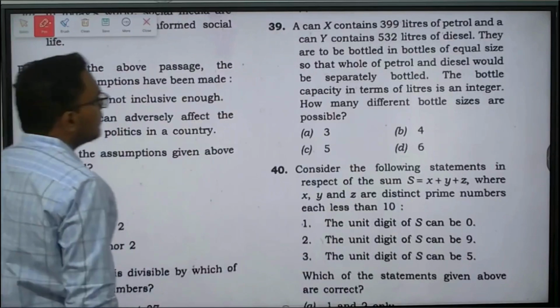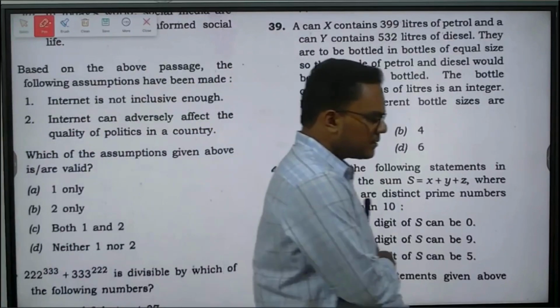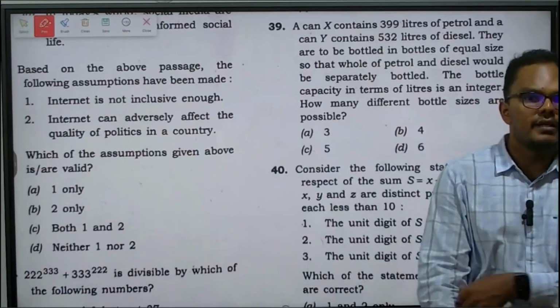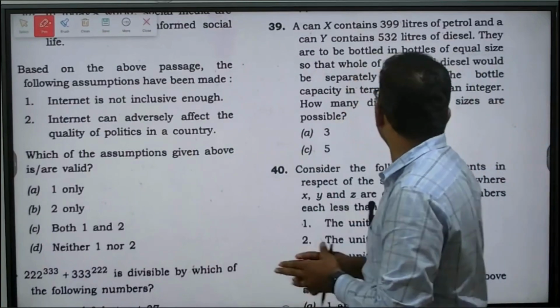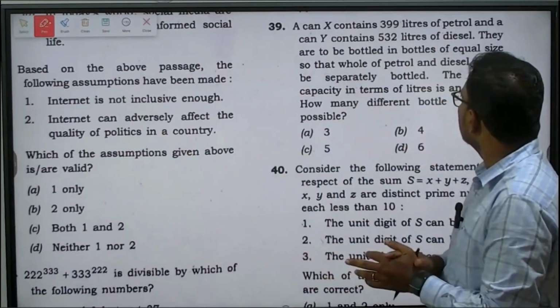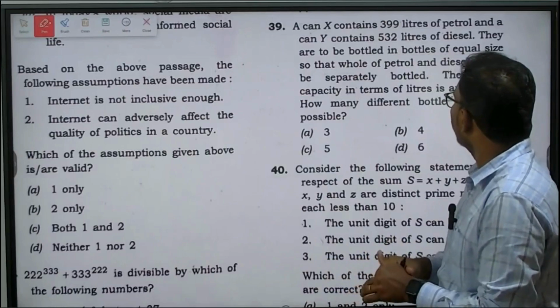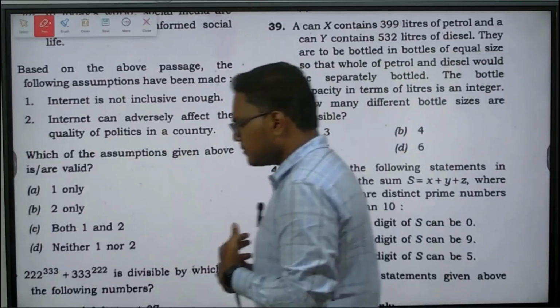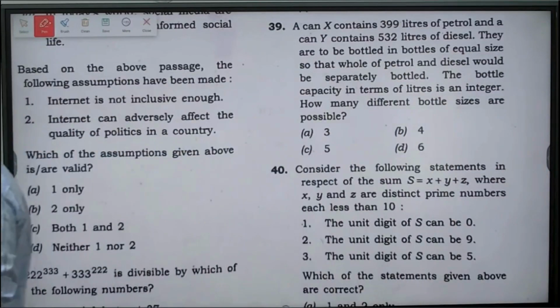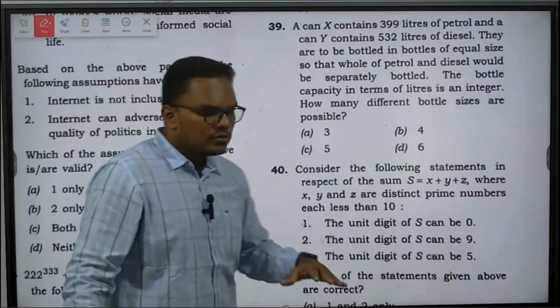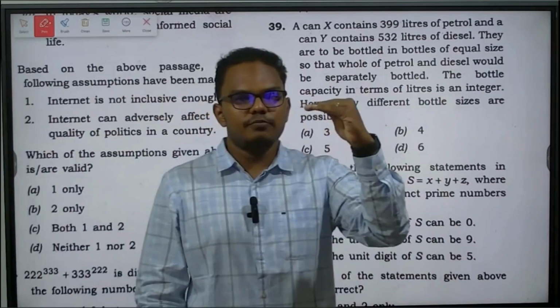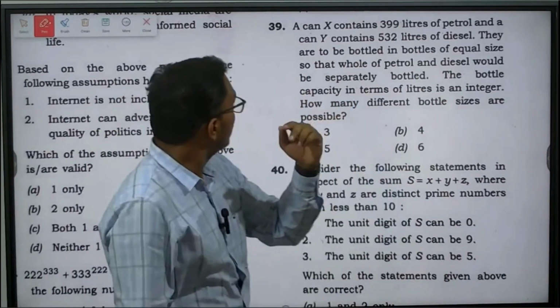See again, a can contains 399 liters of petrol and 532 liters of diesel. They have to be bottled in bottles of equal sizes. Assume that you have this much petrol and this much diesel.